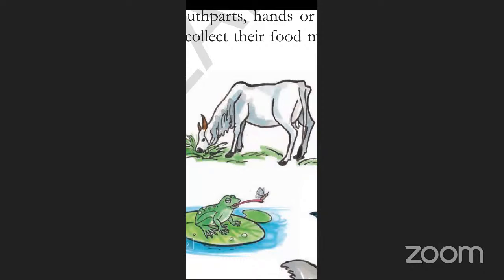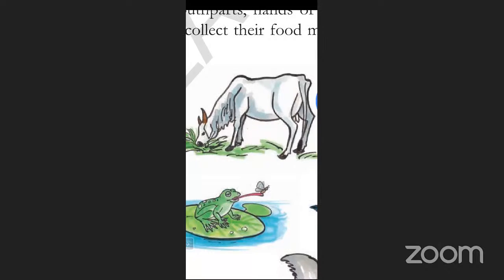First they will break the food into big pieces and swallow it all. Then when they sit and take rest, they bring this food from their stomach to the mouth. They chew it again properly. They will make it into simpler, smaller pieces. Then they will eat it. So this process is called rumination.